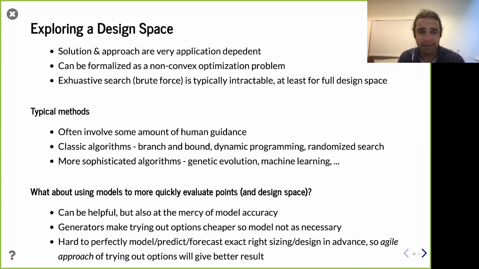To navigate this, any way we can use human intuition to guide us and tailor the search to the actual problem we're solving is really good. The reason is that we can't consider all options, we can't just brute force this. We have to have some intelligent way of navigating the design space and seeding our search, right? And how do you go about doing that? Normally you have a lot of human guidance.